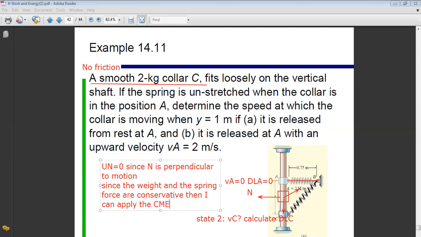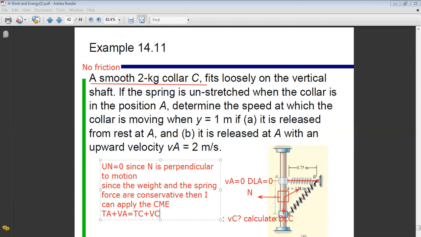So I can write that kinetic energy at point A plus gravitational potential energy at point A is equal to kinetic energy at point C plus potential energy at point C. And in this problem, I have two sources of potential energy.